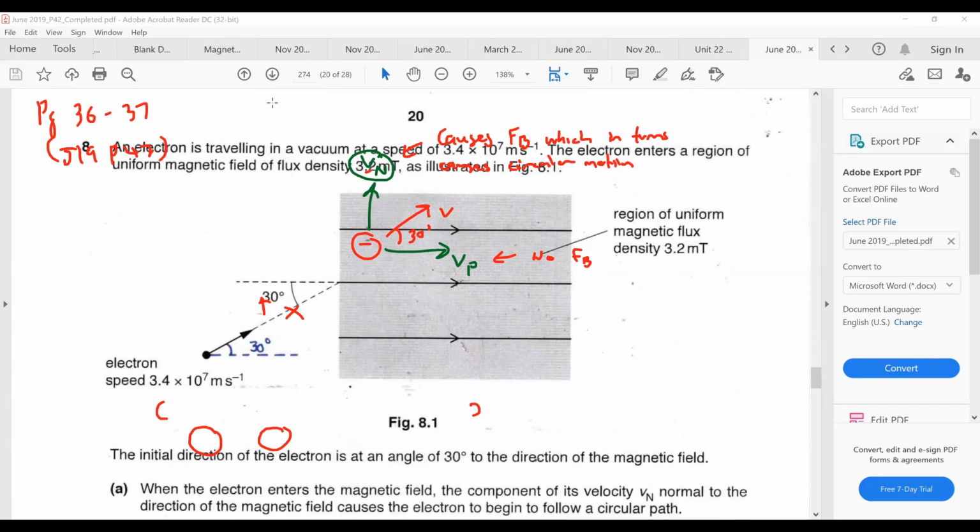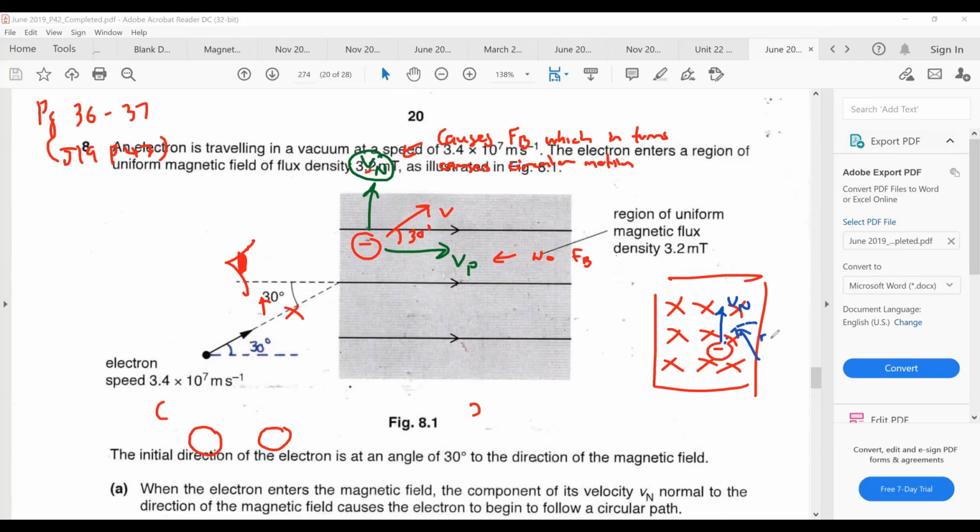Put it this way, if I look at this situation from the side, what I'll see is something like this: the magnetic field going into the plane of the paper, whereas my charged particle, the electron here, has a velocity perpendicular to the field of this one. That in turn causes you to move in the arc of a circle like this.